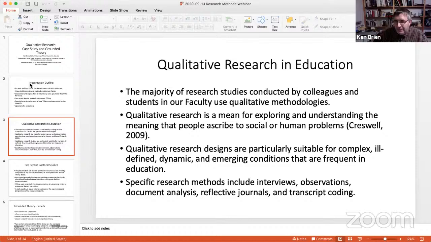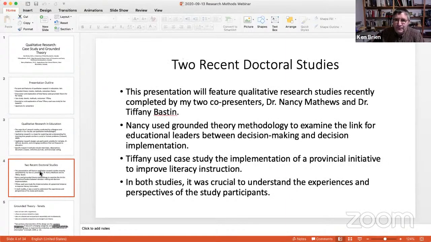Now, qualitative methodologies can use various methods, including interviews, observations, document analysis, reflective journals, and transcript coding. When you hear from Nancy and Tiffany, they're going to explain the different types of methods they used to collect and analyze data. And that's what we're going to do today. Oh, sorry, before I let Nancy start first: Nancy and Tiffany both did two studies.